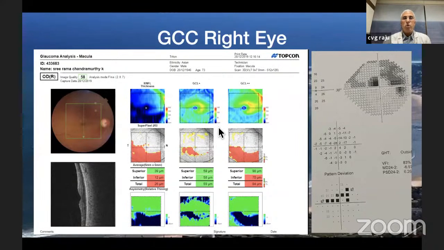So in the right eye, the inferior RNFL defect is causing the damage, so we have the notching, we have the RNFL defect, and then we have the ganglion cell complex damage, which is very well picked up, and then that is producing the functional visual field change. So all the four things corresponded very well in the right eye.